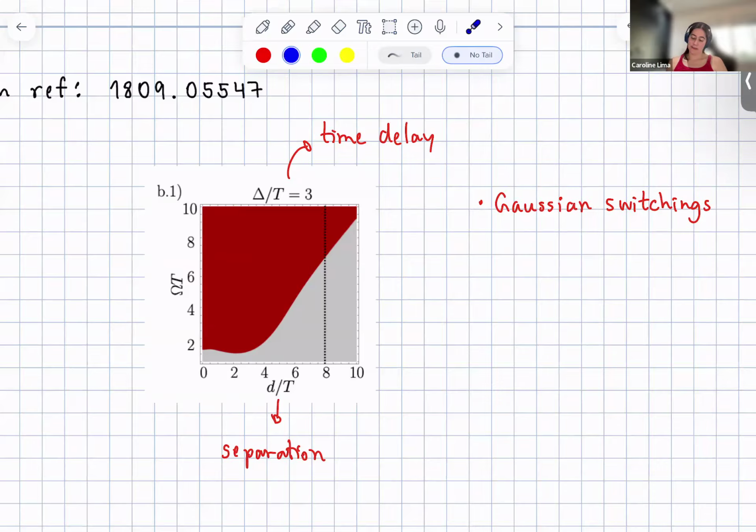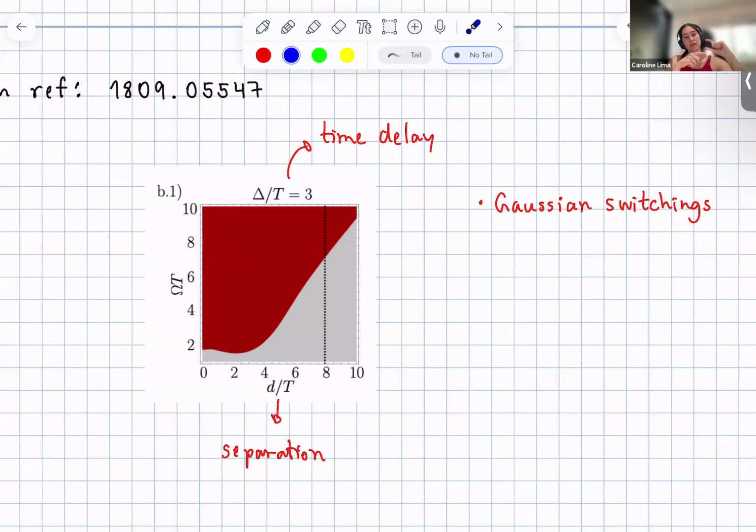And if you notice the way that they plotted here, there's some relation between the gap that you need in order to harvest and a larger separation. What it's saying is that the larger the separation between the two detectors, the larger the gap that you need in order to harvest entanglement. The intuition is that if you have a very small gap, you're going to have a lot of probability of excitation.